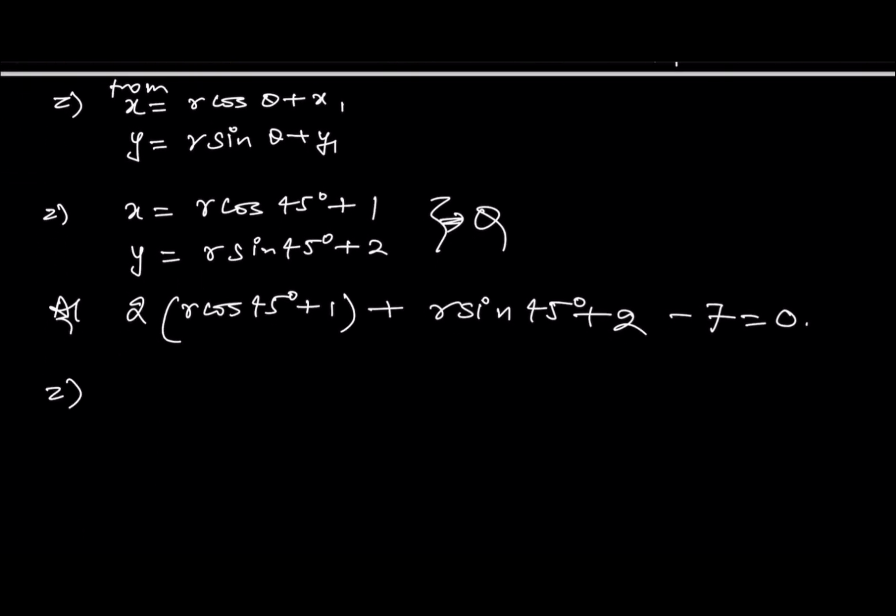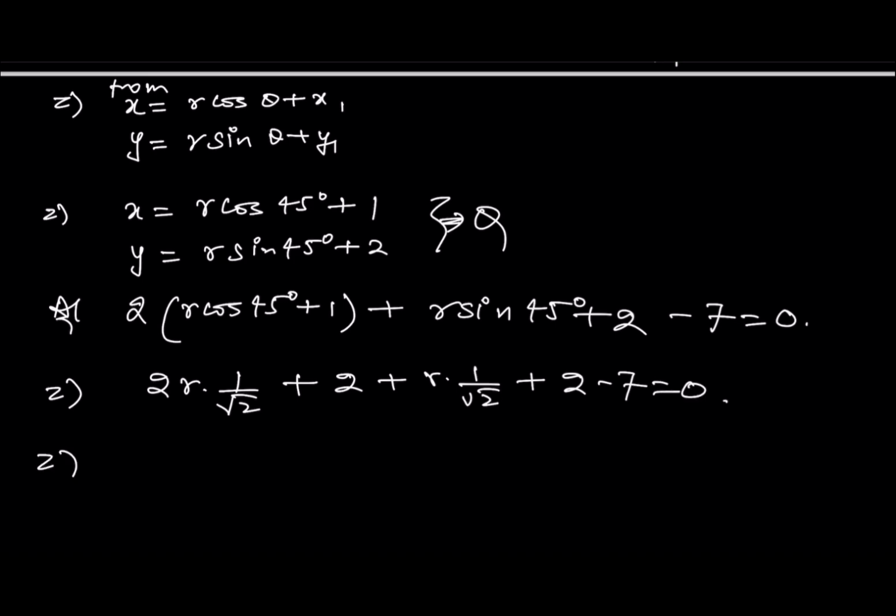So this will be 2r cos 45, means 2r into 1 by root 2, plus 2, plus r into 1 by root 2 plus 2 minus 7 is equal to 0. So 2r by root 2 plus r by root 2, that is 3r by root 2, and 2 plus 2 is 4, minus 7 is minus 3.